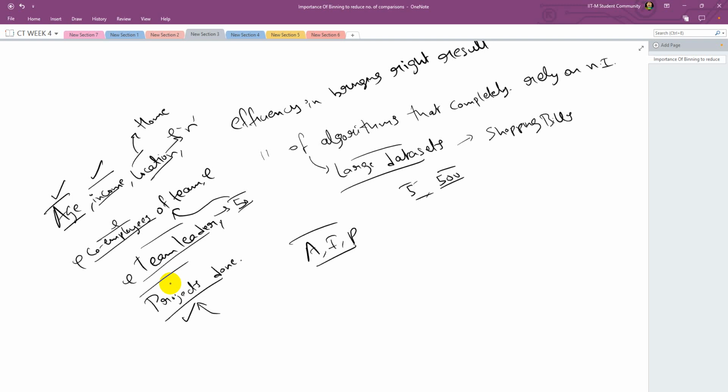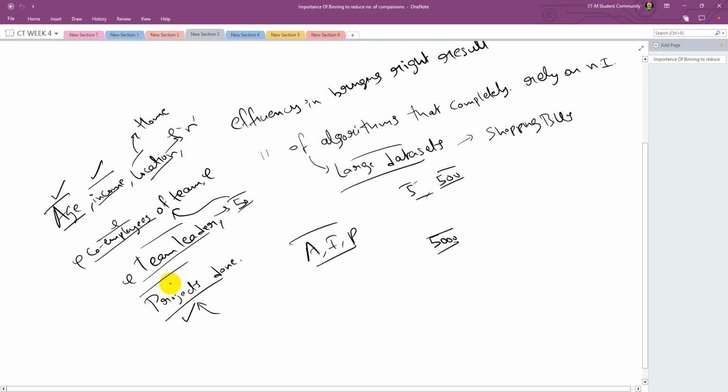We should definitely use binning here, because we are dealing with a data set which has 5000 entries. Say this data set has 5000 employees. As this number is very high, we need to separate them using binning based on these three variables.